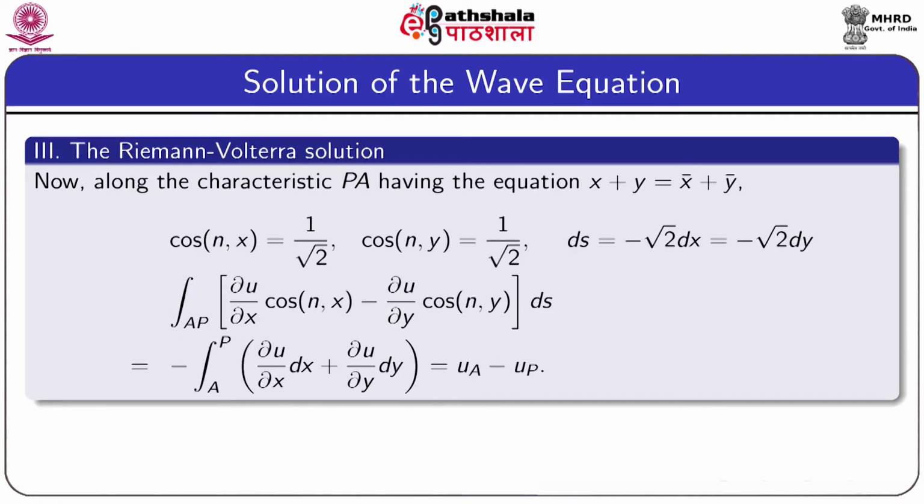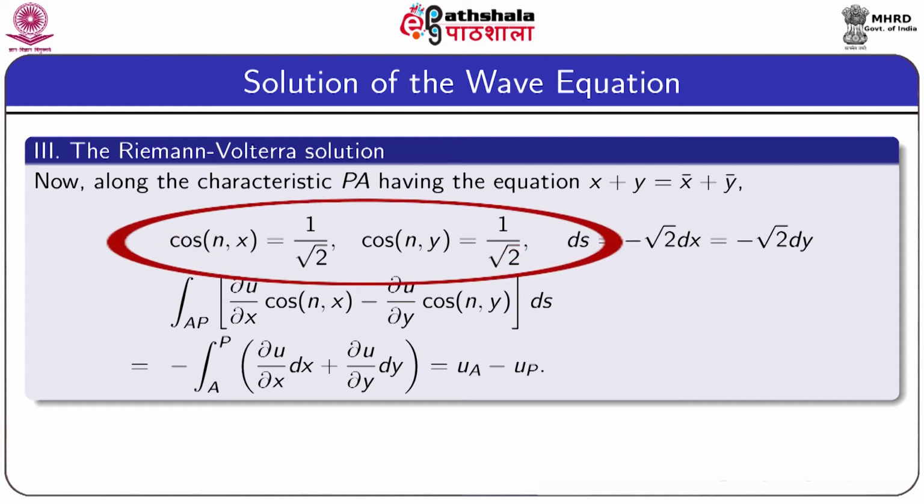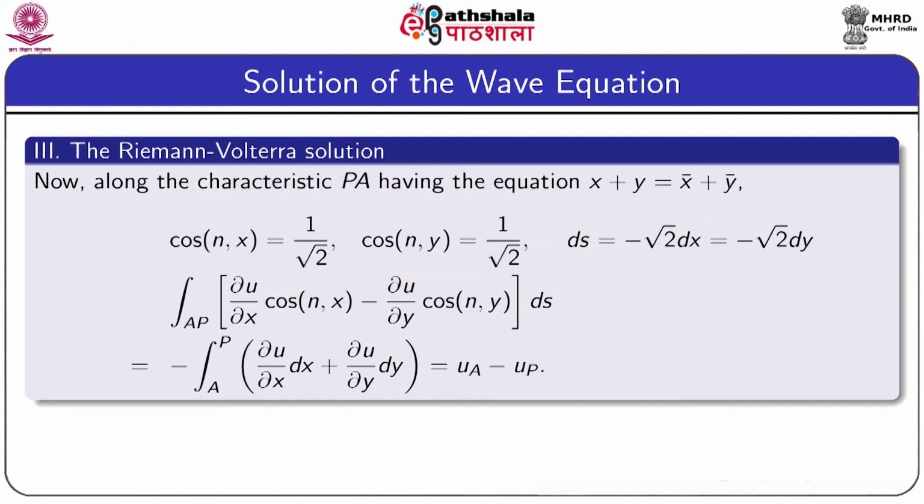Now, along PA, that means this is the characteristic x plus y is equal to x bar plus y bar. For this characteristic, the angle between the normal to the characteristic with the x axis, cos of nx becomes 1 by root 2, cos of ny becomes 1 by root 2, and subsequently the value of ds is minus root 2 dx, and this is equal to minus root 2 dy.